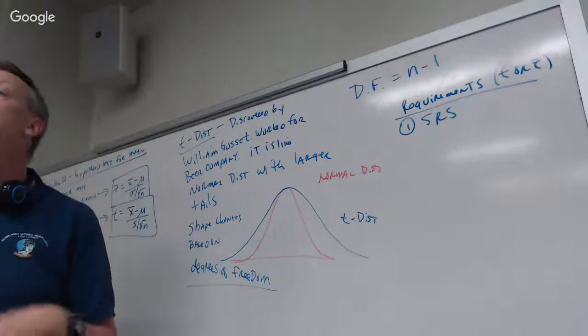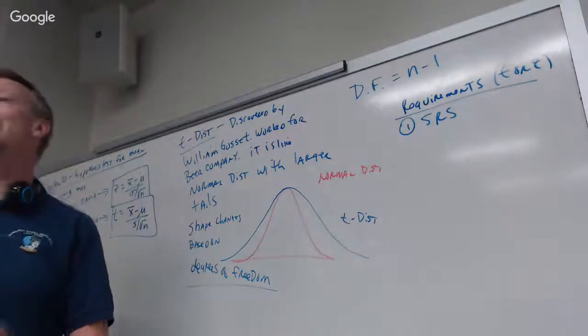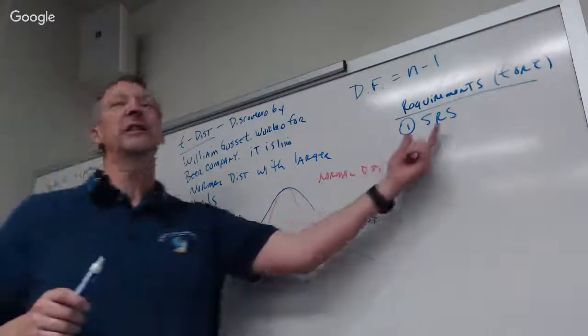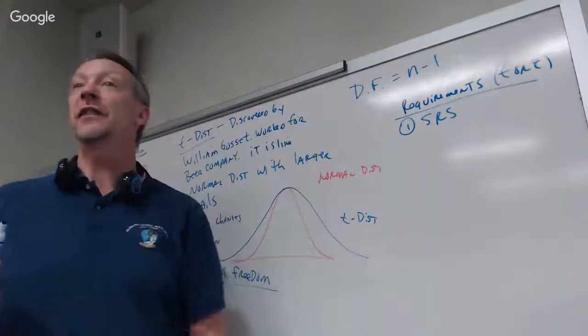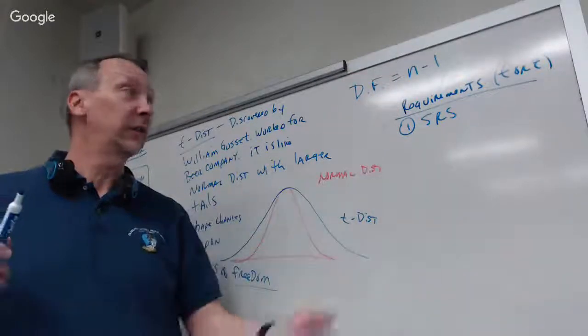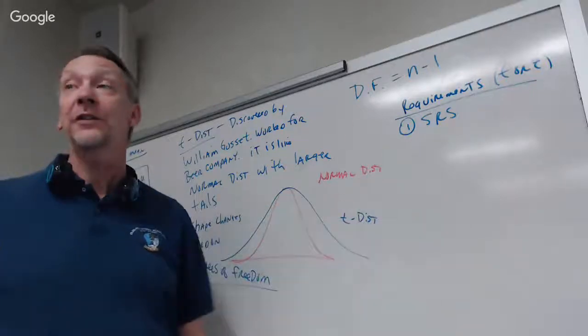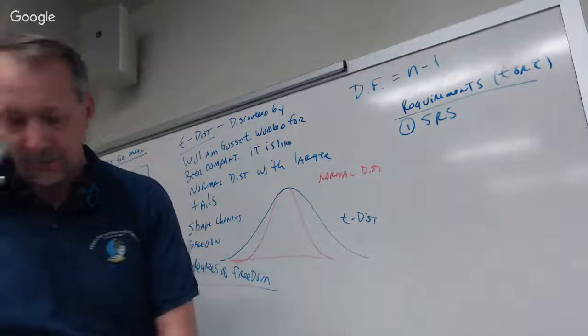Now you're doing some pseudo-random stuff like systematic. Technically, that breaks the rules, but you can treat those as a sample. Cluster definitely breaks the rules. I still want you to do it as if it was a simple random sample, but technically cluster sample or any other sample type breaks the rules, okay?